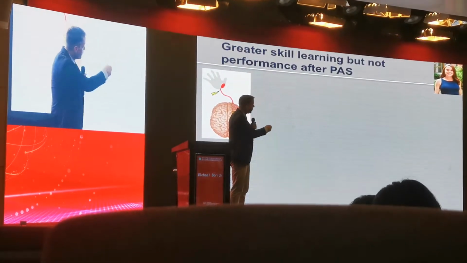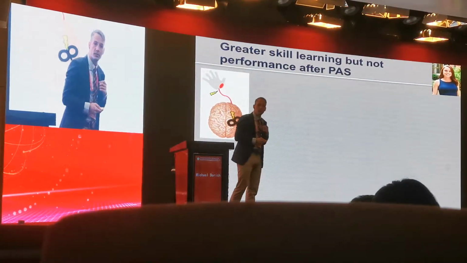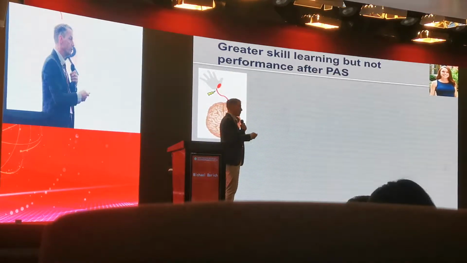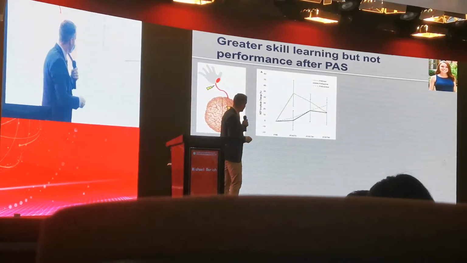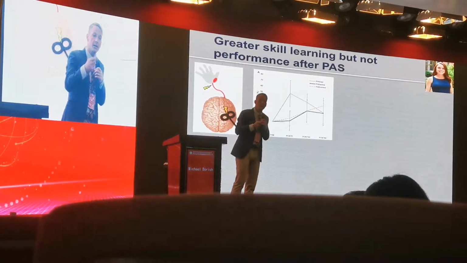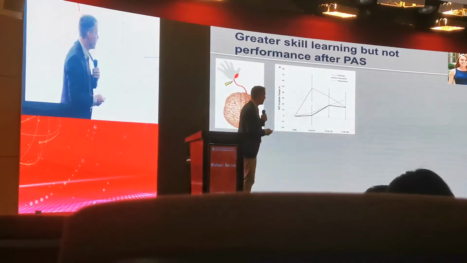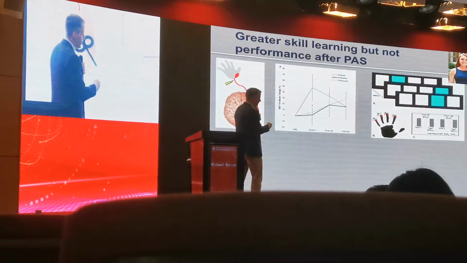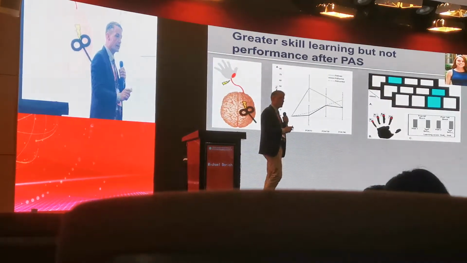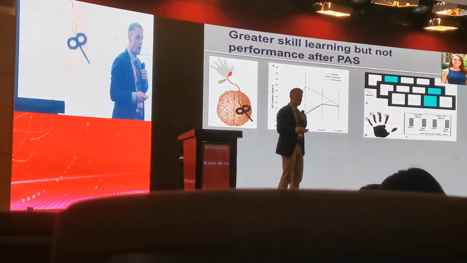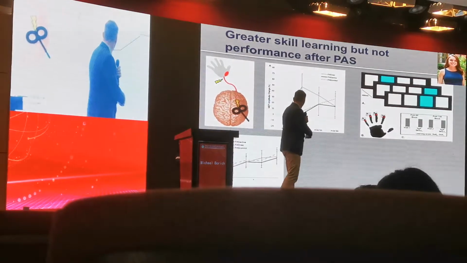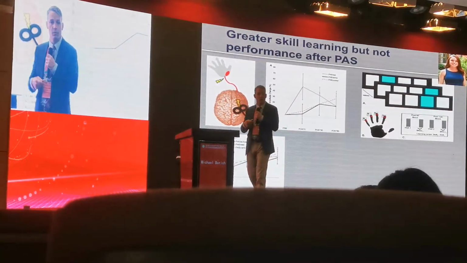And so Jackie Palmer in the upper corner, she's a postdoctoral fellow in my lab, and she did some really great work showing that if we do this paired associative technique, we can increase excitability immediately after the stimulation is completed. But when we look at a very simple task, a serial reaction time task, a task of sequential motor performance and motor learning, we actually don't see an effect on performance within the session.